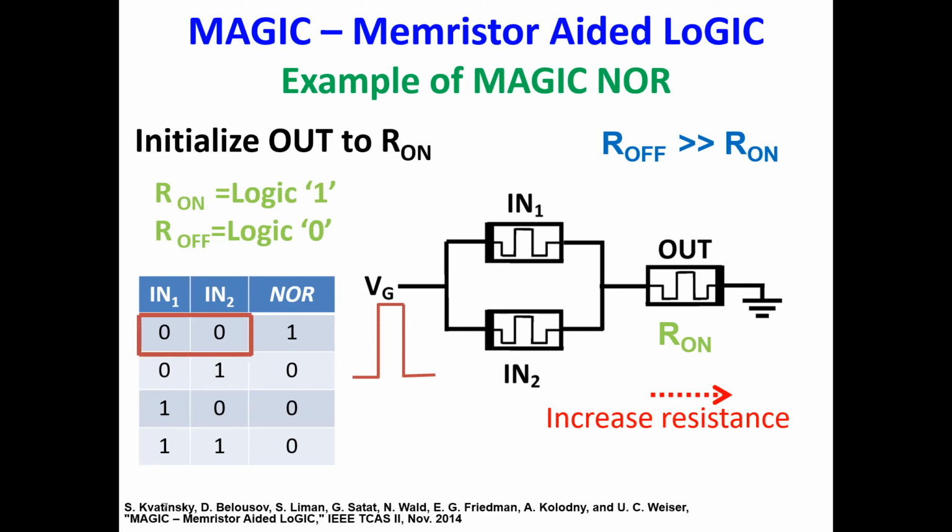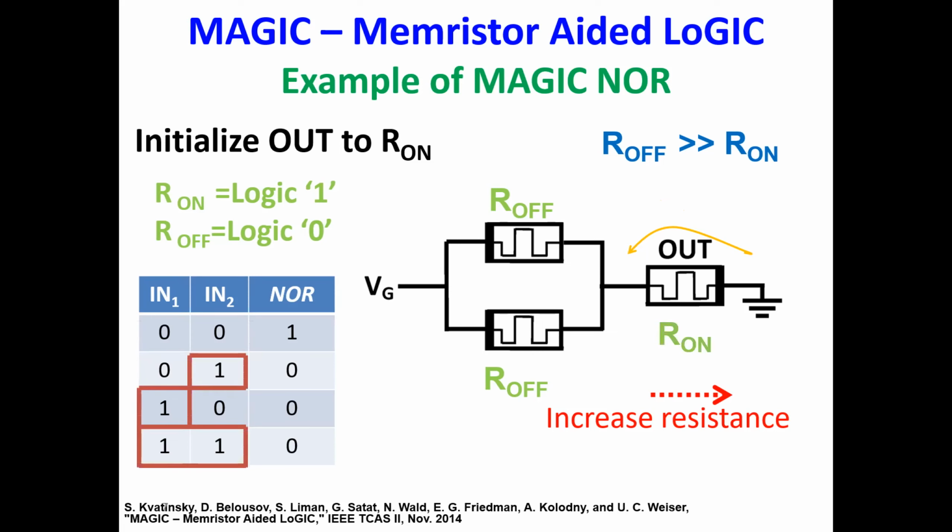So for example, if we had both inputs in logical 0 or in high resistive state, when we apply the voltage VG, most of the voltage will be across the high resistive state because it's a voltage divider. So across the output, effectively there will be almost 0 voltage. So it won't change its value, and it will remain in the low resistive state or logical 1.